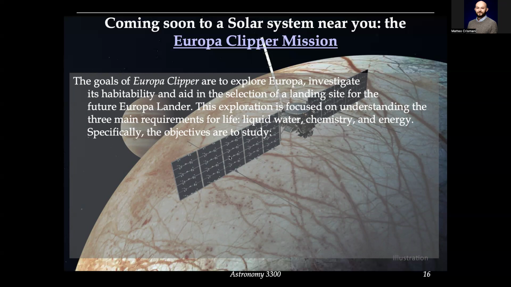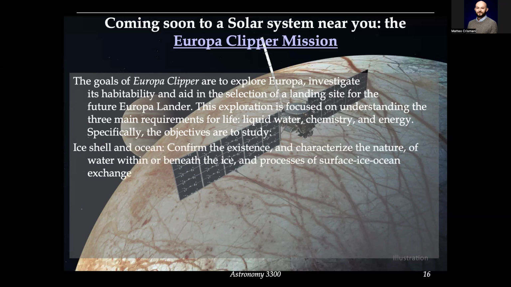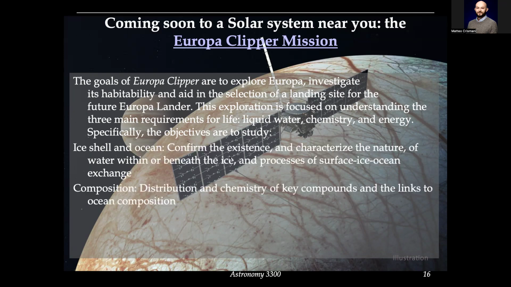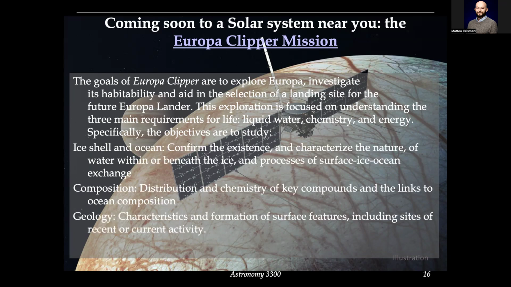Okay. It's going to look for the ice ocean. We're going to see if it's completely a whole planet or if there's sections that are more dense or less dense. It's going to look at the composition of the ocean and composition of the ice all over. It's going to look at geology, okay, surface features, and it's going to look for recent activity in particular.